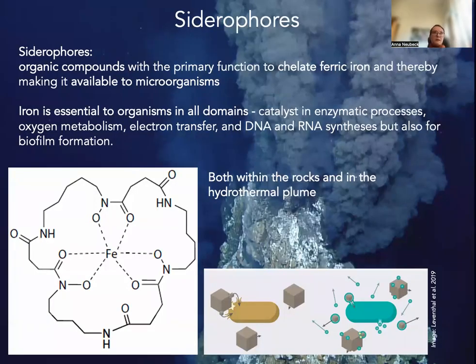For the extraction of nutrients, they are using siderophores mostly. That's an organic compound with the primary function to chelate ferric iron, and they are doing this to make it bioavailable for microorganisms. Here is an image of one siderophore. It's an organic compound that surrounds the metal ion and binds it, and then makes this metal ion available for the metabolism of the organism.